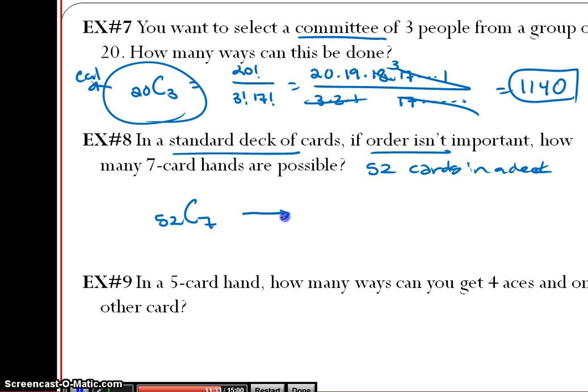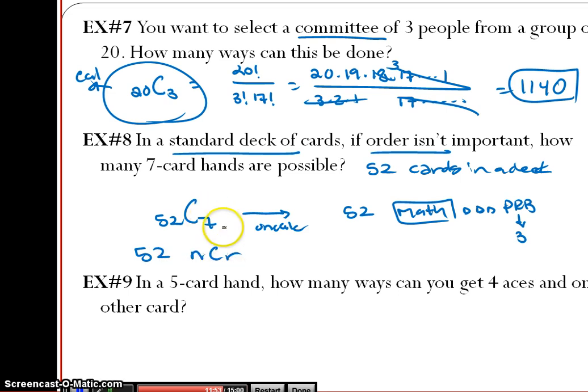So to do it on your calculator, you need to press 52, and then the math button. And then you arrow over 3 times to PRB, to probability, and then choose option 3. So now on your screen, it should say 52 nCr, and this is where you put in 7, and then you press enter.